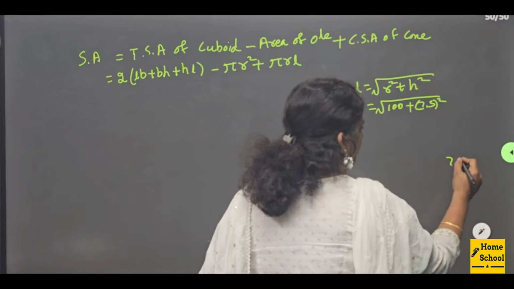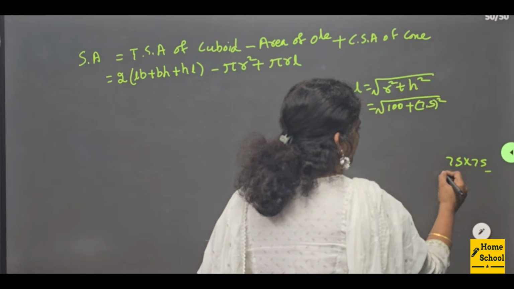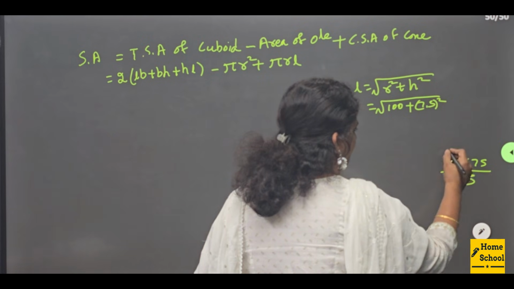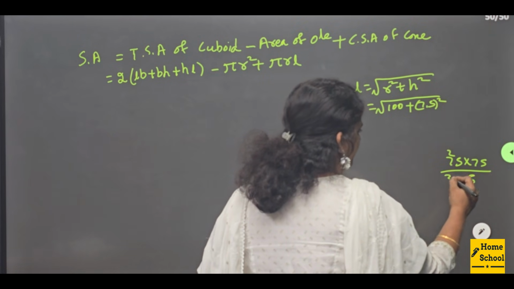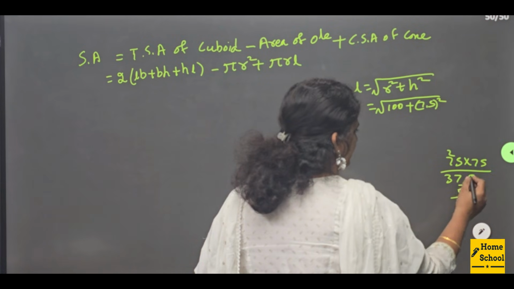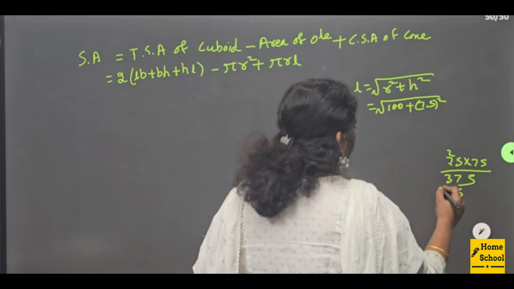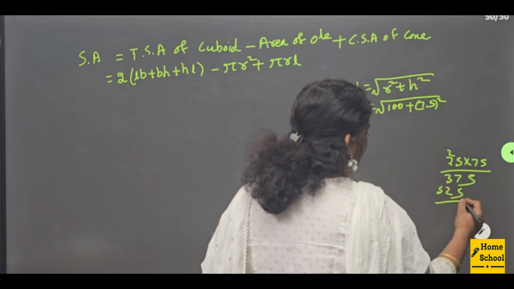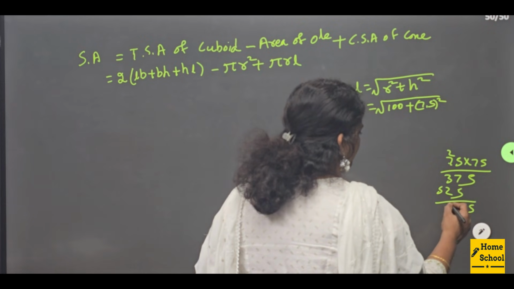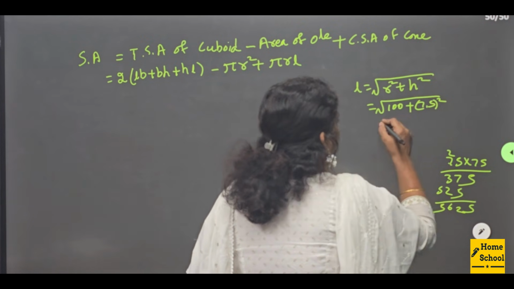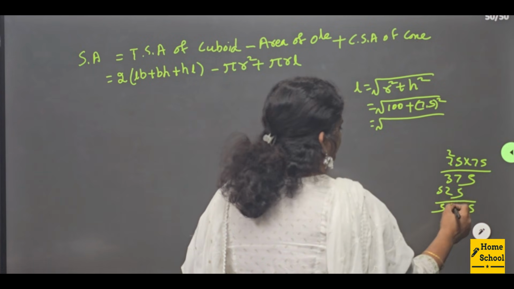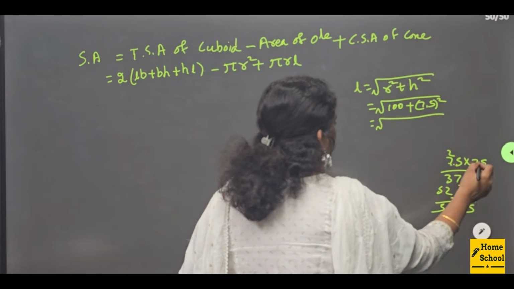What is 7.5 into 7.5? 5 5s are 25, 5 7s are 35, 37, 7 5s are 35, 49, 52, that will be 56.25.